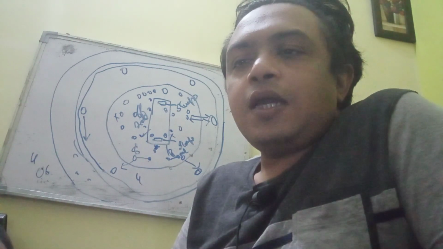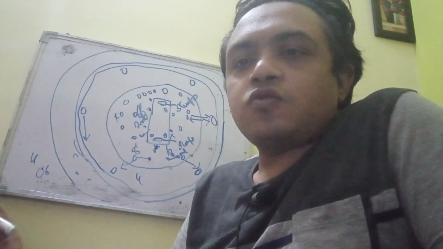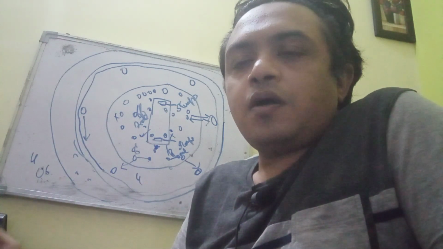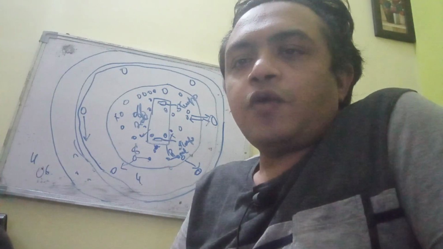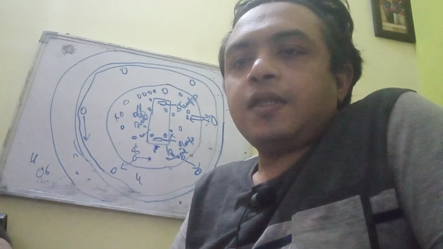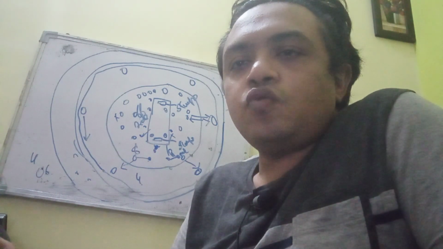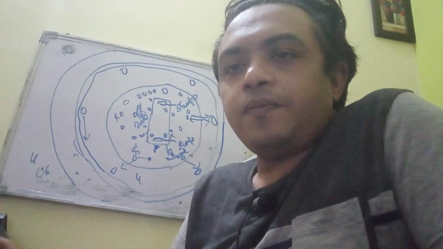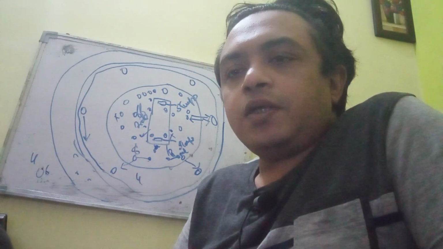But in T20s, if the set target is achieved and both the scores are level, then one over is played, a power play in one over, with whatever target is set. If that target is achieved, then the team will win, and there is a cap of 2 wickets, meaning a maximum of 2 wickets can fall in the power play conditions, right?